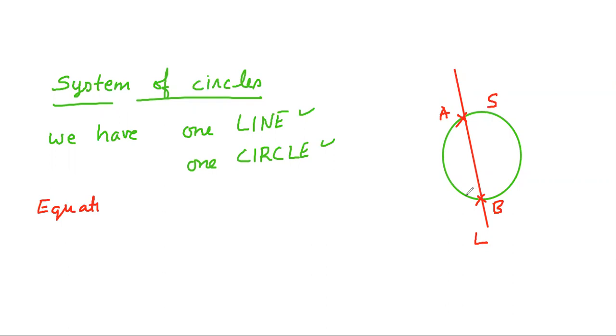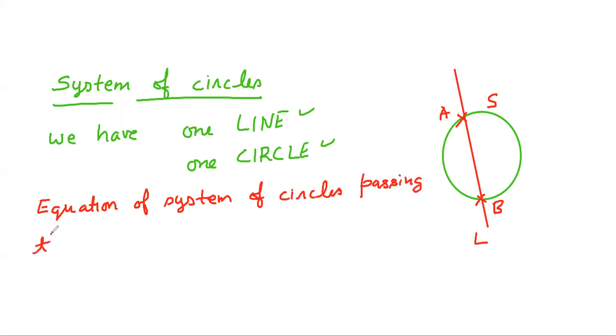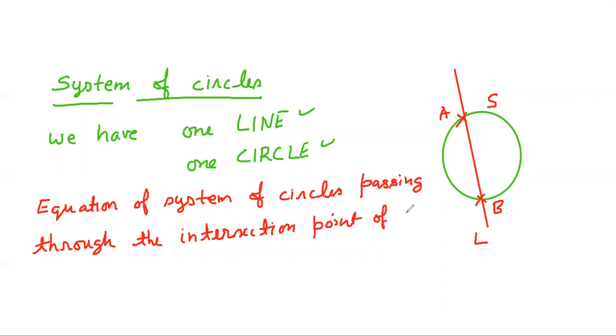So the equation of the system of circles passing through the intersection points of a line and a circle is as follows.